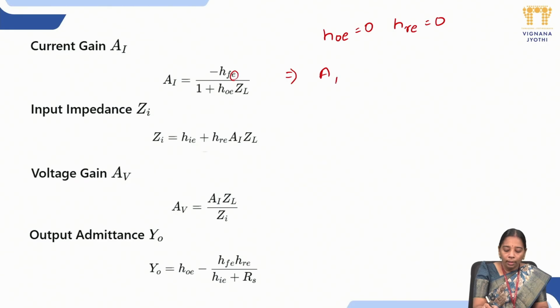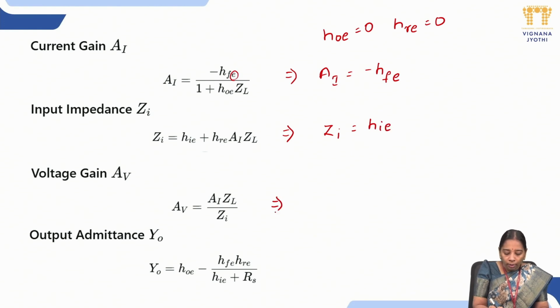That gives current gain AI equals minus HFE. Next, coming with the input impedance, we have already calculated ZI equals HIE plus HRE into AI into ZL. Now, placing HRE equal to 0, we get ZI equals HIE.